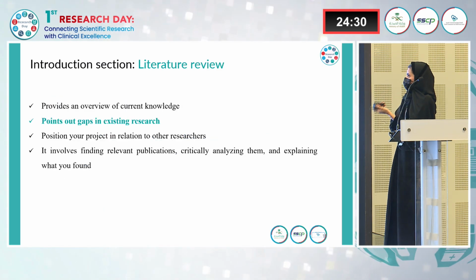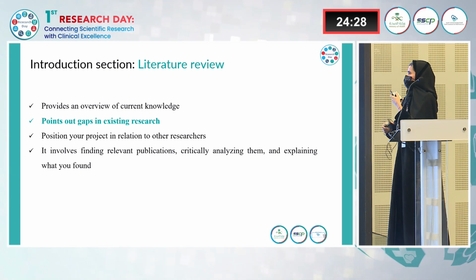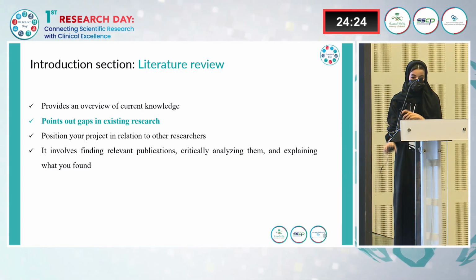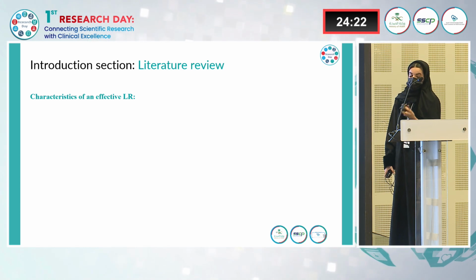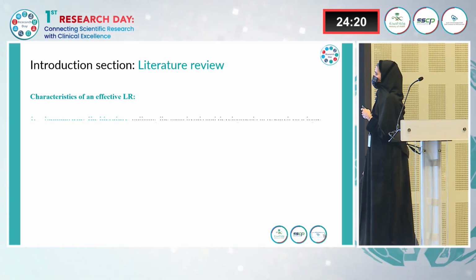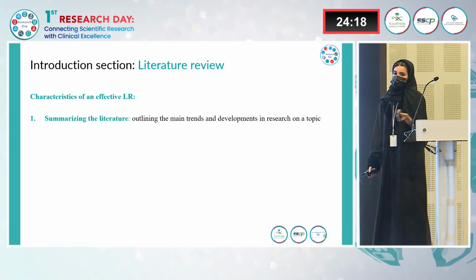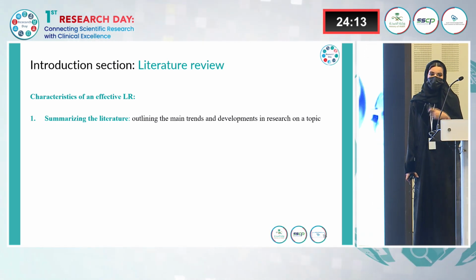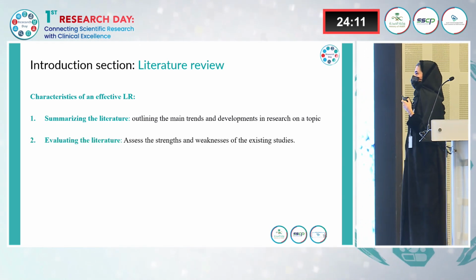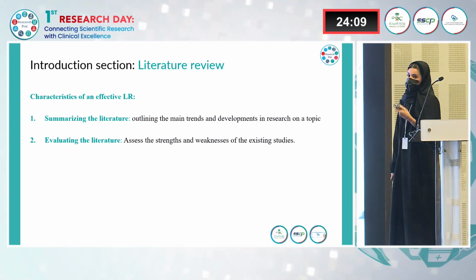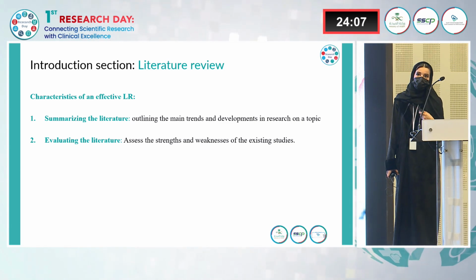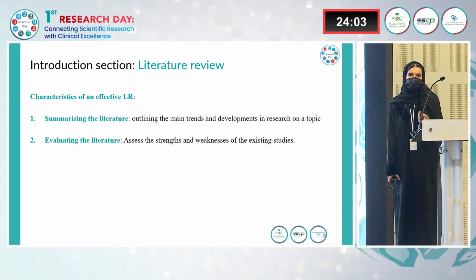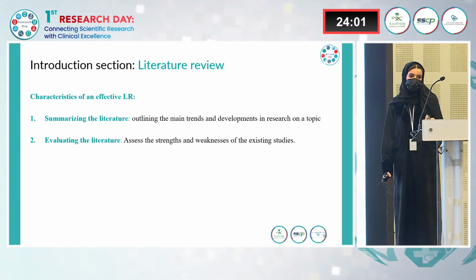And then we move to the literature review, where you should provide an overview of the current knowledge and point out gaps in the literature. The characteristics of an effective literature review include summarizing the literature. You will read the previous studies related to your project, summarize those studies, and highlight and assess the strengths and weaknesses. For example, you found high-dose tigecycline studied in, let's say, critically ill patients.